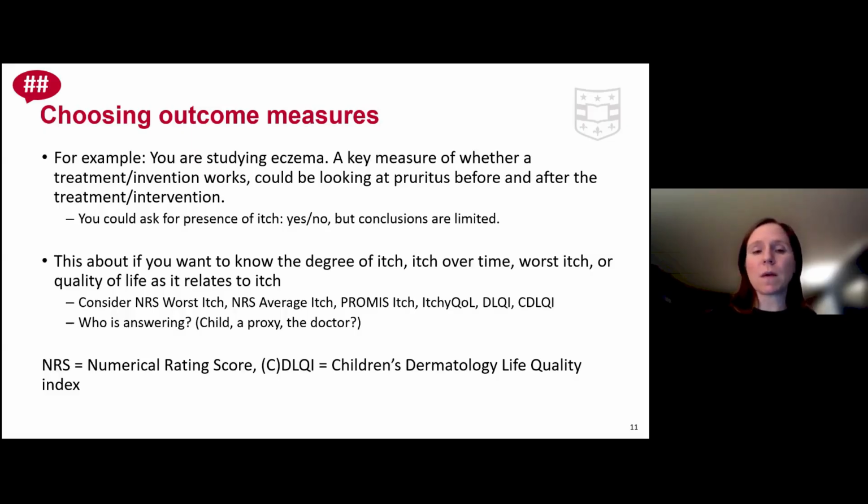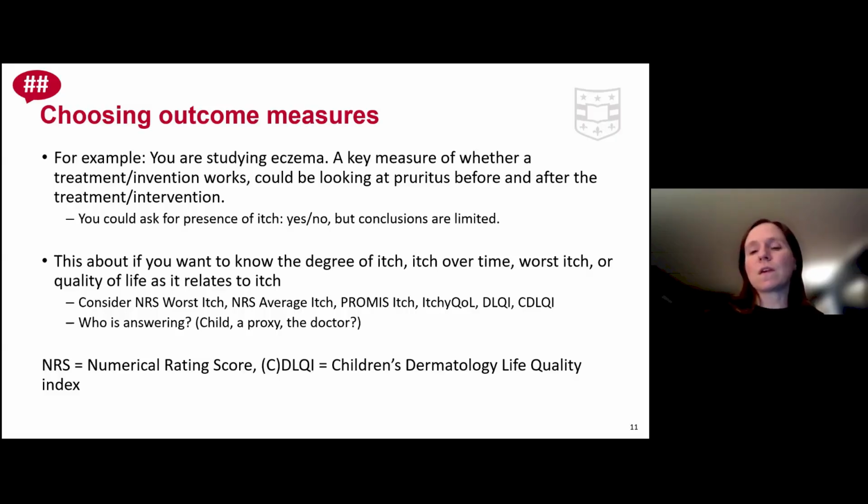And then when you're thinking about pediatrics as well, different surveys may have different ages. When we think about the Dermatology Life Quality Index, that is for adults and then down to kids of about age 16. Then there's the Children's Dermatology Life Quality Index. That is going to be 16 down to kind of like a preteen.